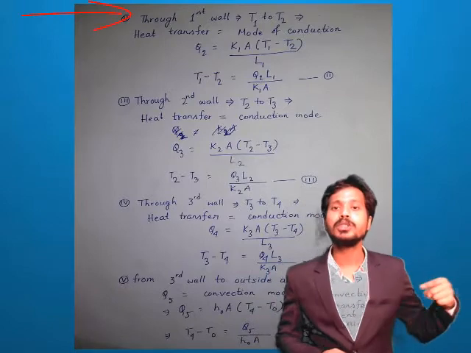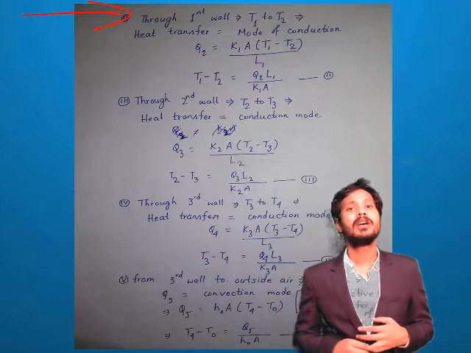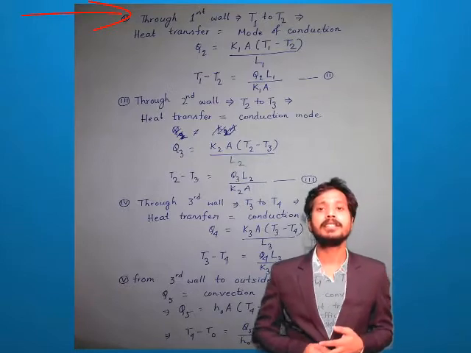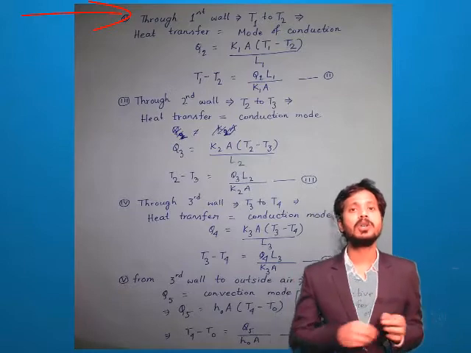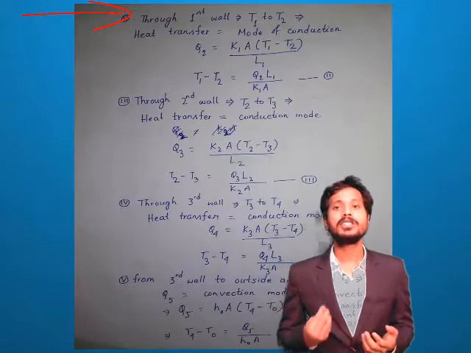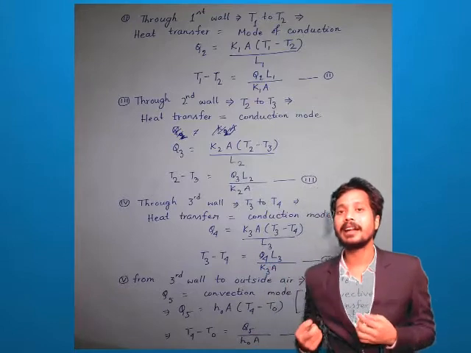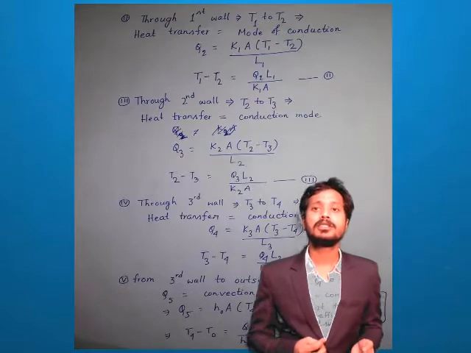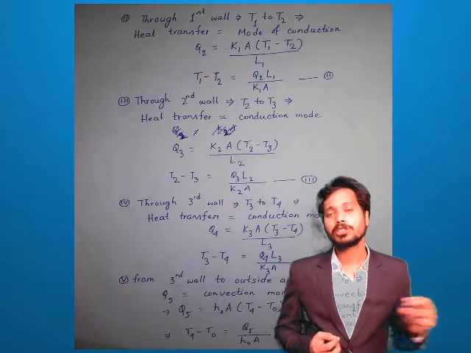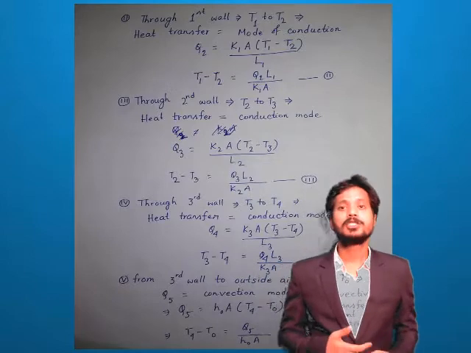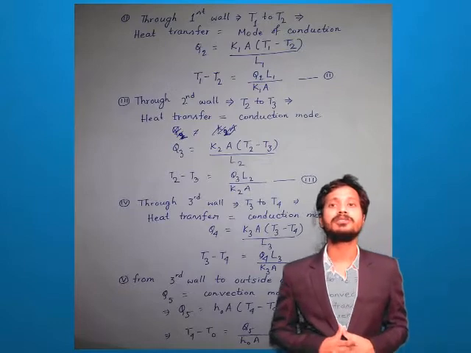That means through the first wall heat will be transferred, from T1 to T2. Now you tell me, what is the mode of heat transfer? It is carried out through a solid body. That means the mode is conduction. So in conduction we have to follow Fourier's law.